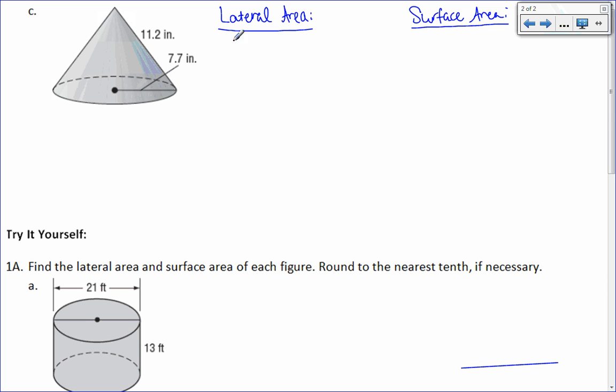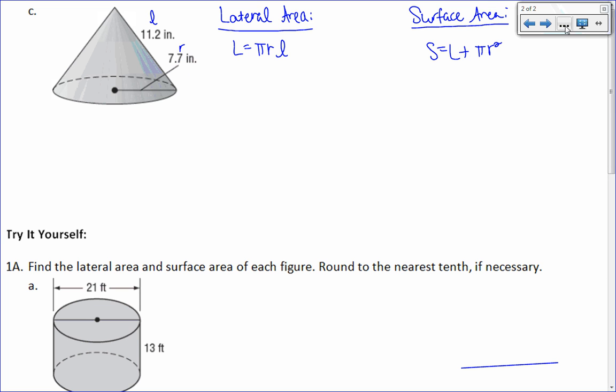For lateral area, it's L equals pi r L. And for surface area, we have S equals L plus pi r squared. Okay, so again, look at the formulas, see what we need. We need radius and slant height. There's radius right there. And slant height here, so that's L. We've already got those.